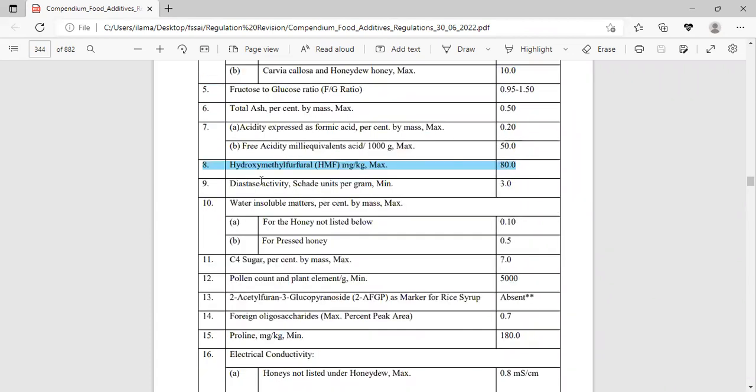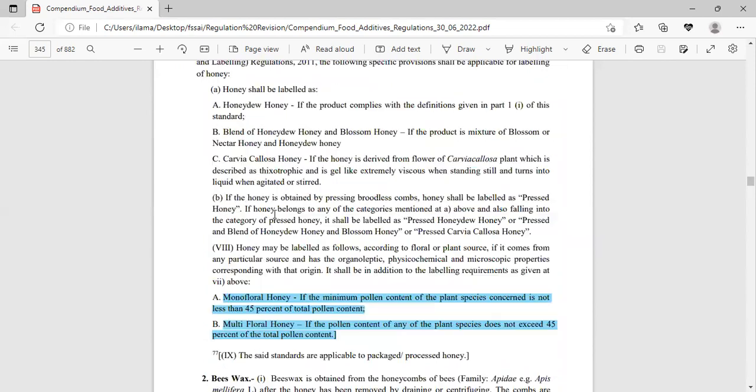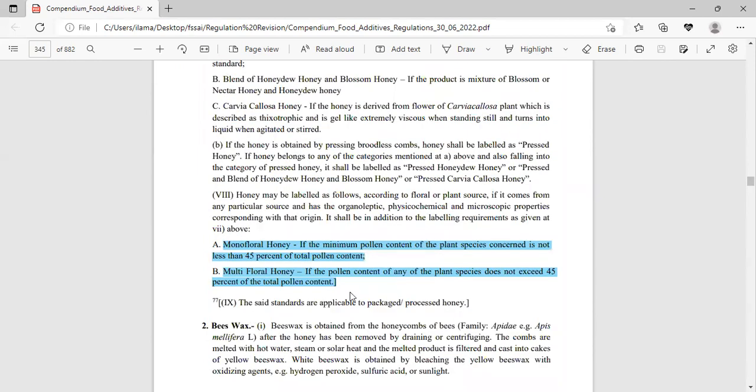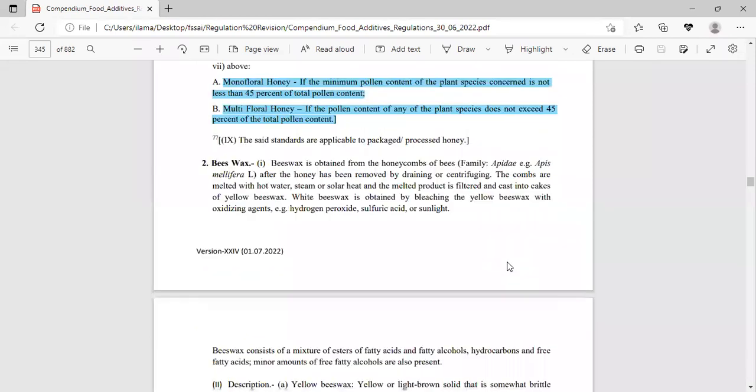And in honey we will measure hydroxymethyl furfural and its maximum value is given. Based on the origin also the honey is classified as unifloral honey if total pollen content is not less than 45%. It is multifloral honey if it contains the pollen content not exceeding 45%.